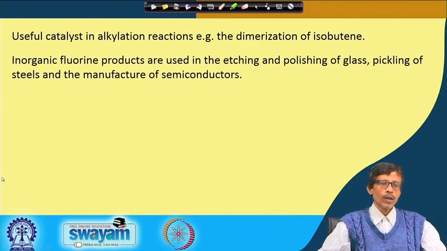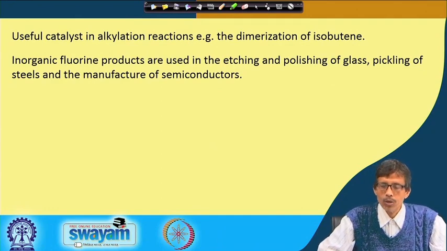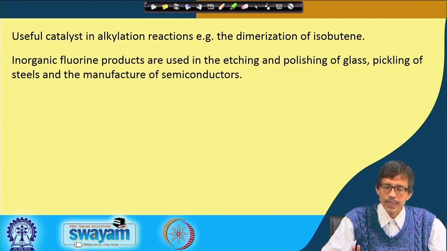Then we can go for the production of a large amount of inorganic fluorine products used in etching, as I told you, etching of the glass surface, polishing of the glass surface also. If we have unwanted silica material over the glass material, that unwanted silica or SiO2 can be removed by reaction with HF as SiF4, and that will go off as SiF4 is a gaseous material.